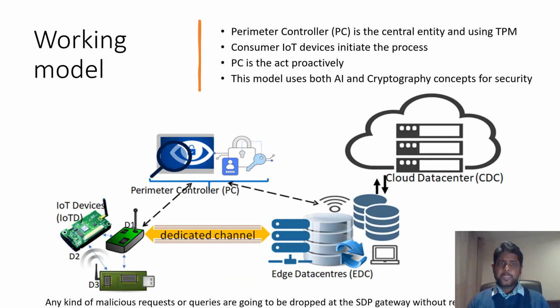You can see here the overall IoT architecture, or the three-layer architecture of the Internet of Things. The base layer is IoT devices, the consumer devices deployed for sensing purposes. The top layer is the cloud data center, deployed for providing services to the consumer devices when they require.